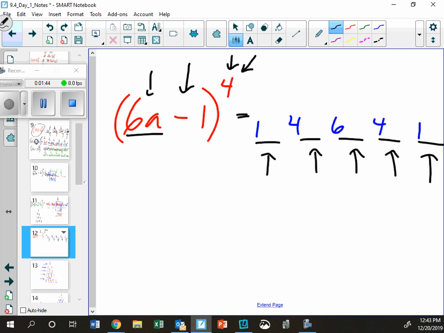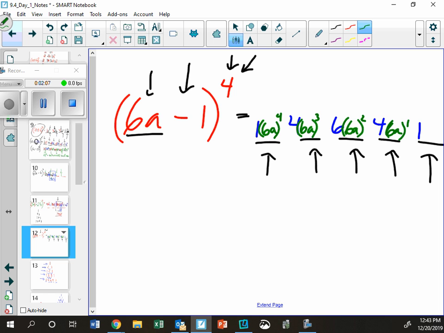So I'm going to write that right here, 6a to the fourth. All right, then I do the 6a to the third here, and 6a to the second, and 6a to the first. And then the last one would be just 6a to the 0 power, but that's the same as 1.